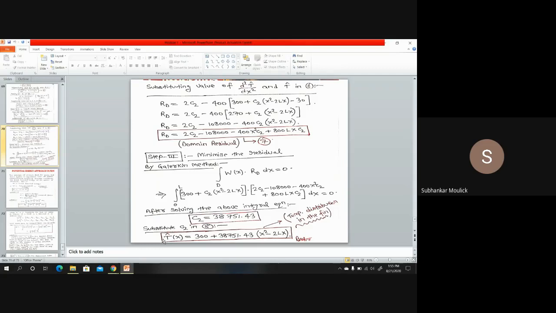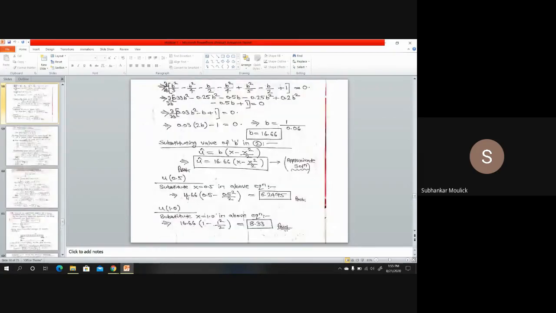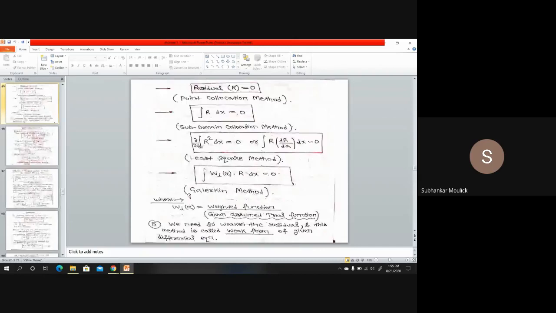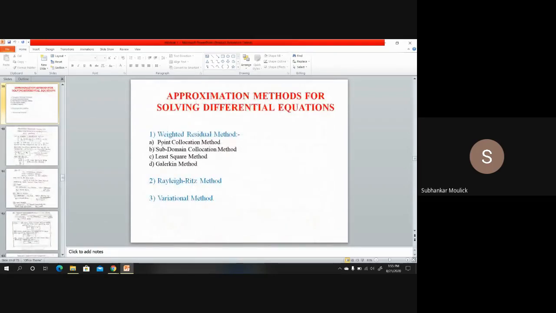So you can expect such types of problems in this method, the weighted residual method. Four different methods are there.